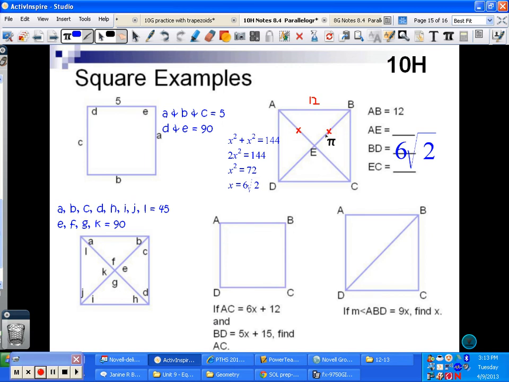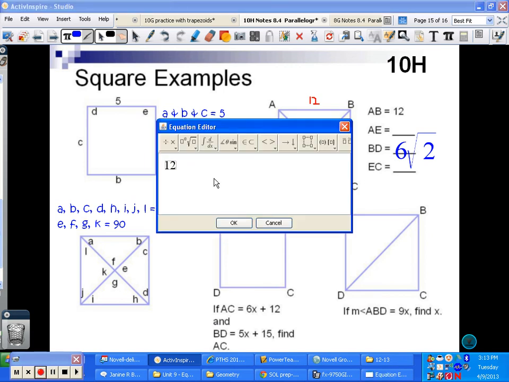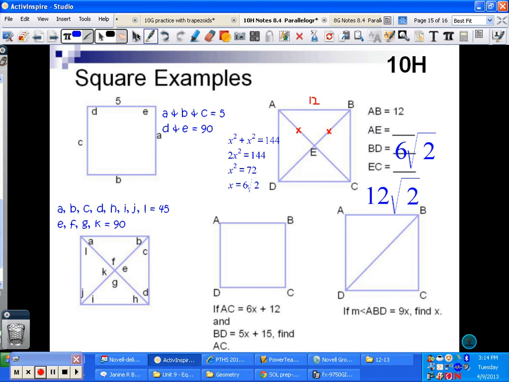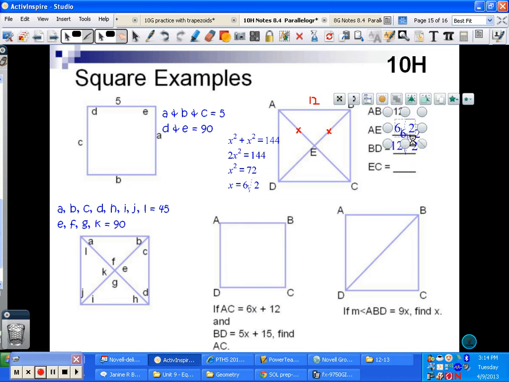And we'll fix the size on that in a second. BD is double that. So BD is just 12 times the square root of 2. So let's go ahead and fix the size on those because that doesn't fit. So that's that, and BD is that. EC is the same as AE, so you can just copy that answer over again. So those are the missing sides there.